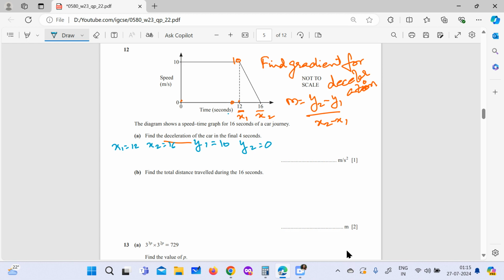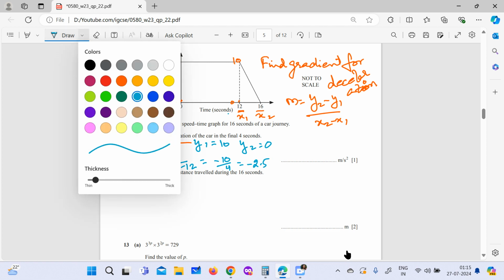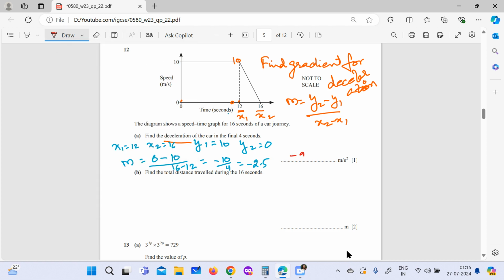Now we substitute in m: y2 minus y1, that is 0 minus 10, over x2 minus x1, that is 16 minus 12. You get minus 10 over 4, that is negative 2.5. So your answer is negative 2.5.